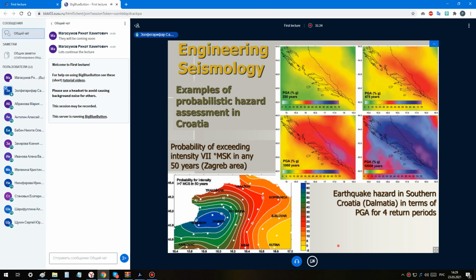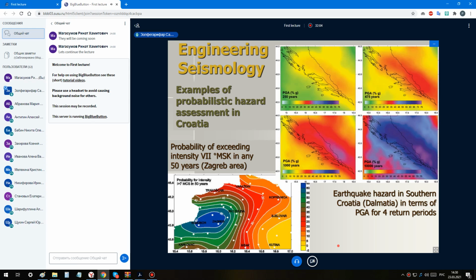This slide shows an example of probabilistic hazard assessment in Croatia, shown with a color contouring graph with coloring in PGA for a duration of 250 years.